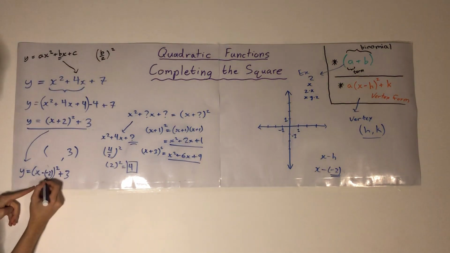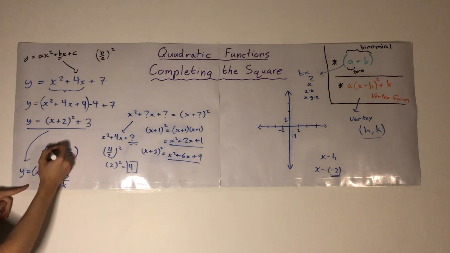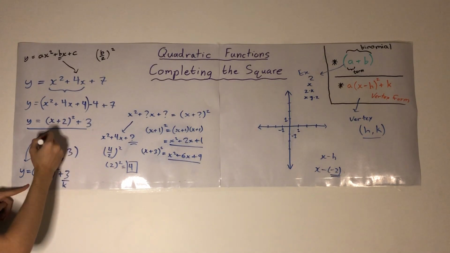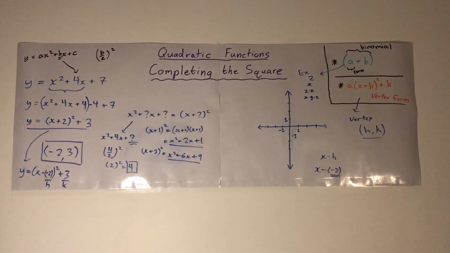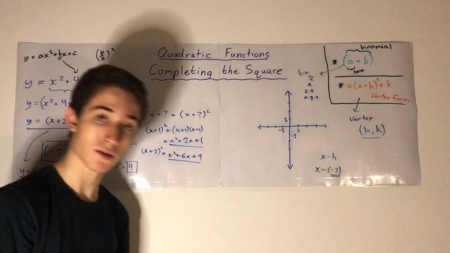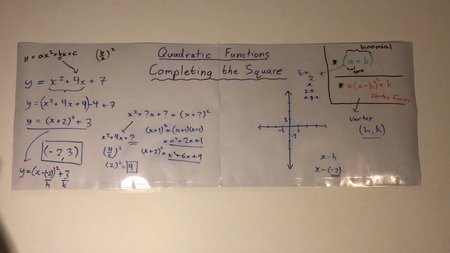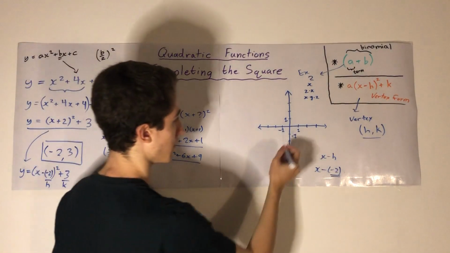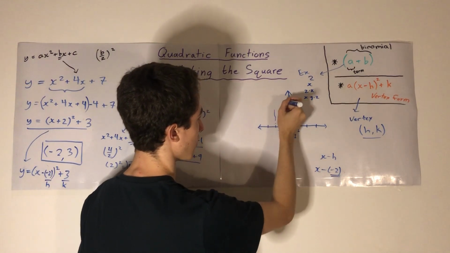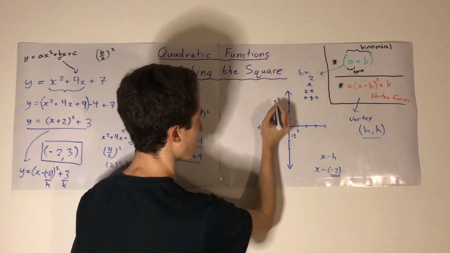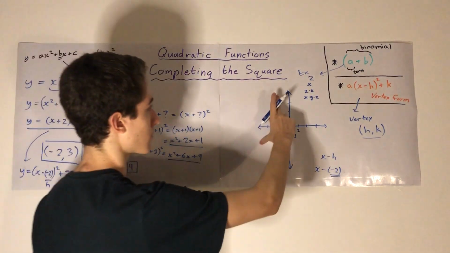And so this is our h, this is our k, and this way we create our vertex. And now that we have the vertex of our function, we can come to graph it. So we know that our vertex is at x -2, y 3, so it's at -2, 3, and therefore that is our vertex.